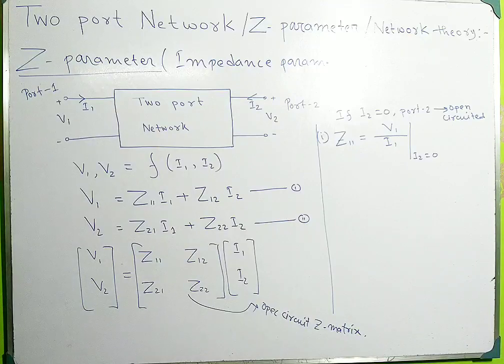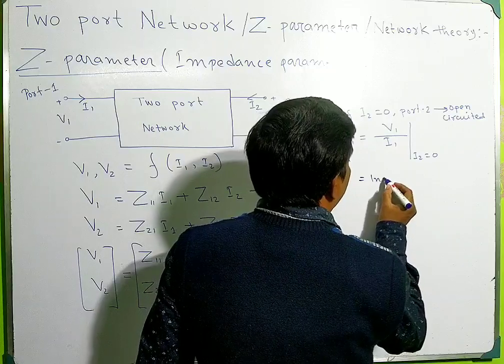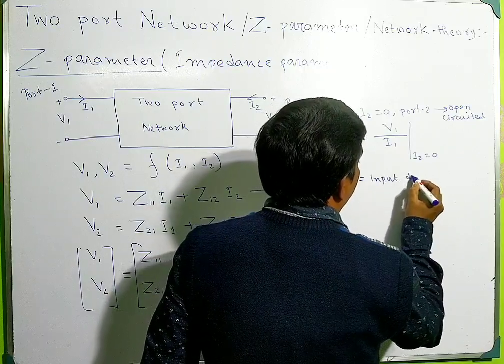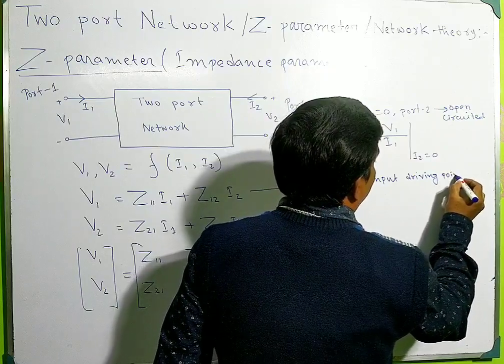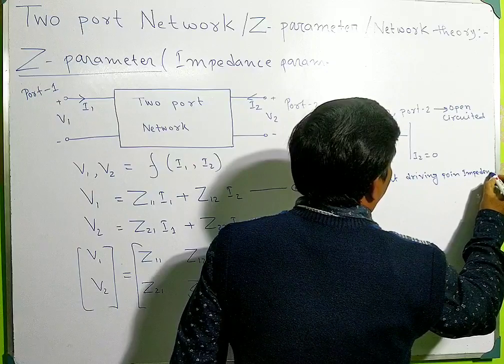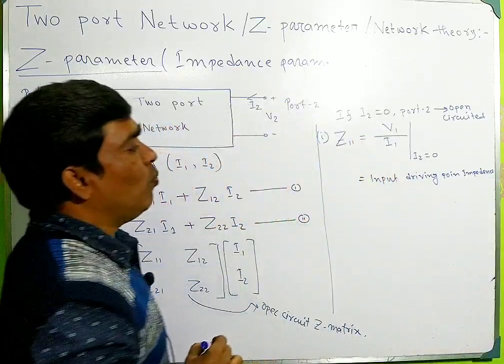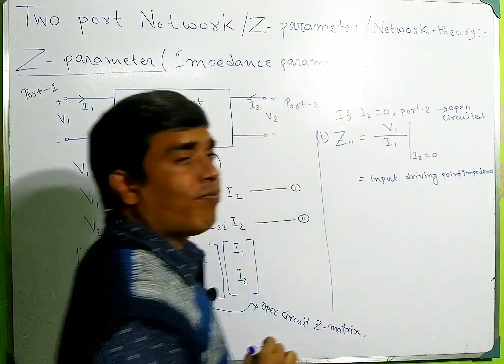This is called input driving point impedance.